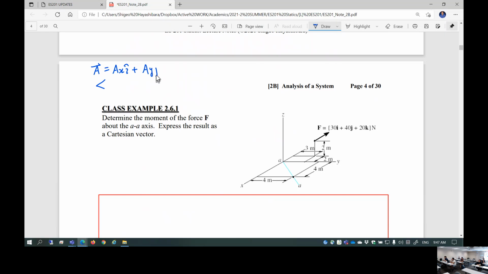So this is the Cartesian vector notation of A, isn't it? I think it's not your fault, but sometimes some math teachers, I don't know who, use this notation: AX, AY, AZ. This is a vector notation in engineering science, engineering mechanics, soil mechanics, other things.